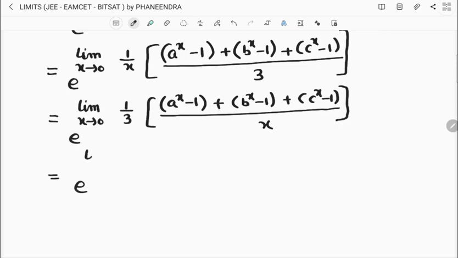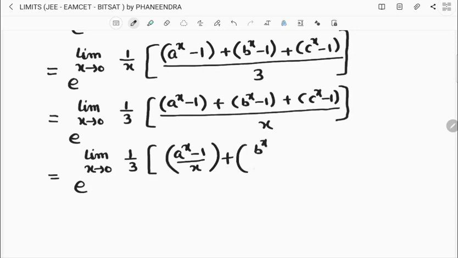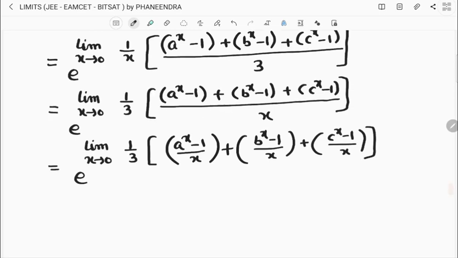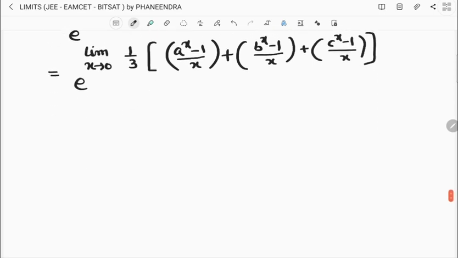So e power limit as x tends to 0 of 1 by 3 into ((a^x minus 1)/x + (b^x minus 1)/x + (c^x minus 1)/x).